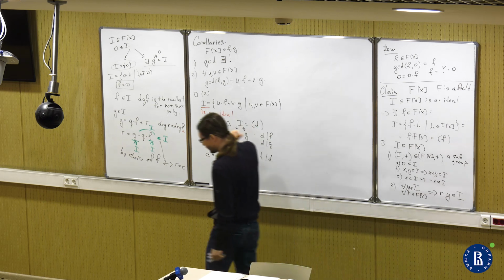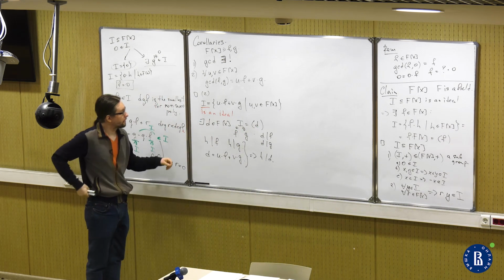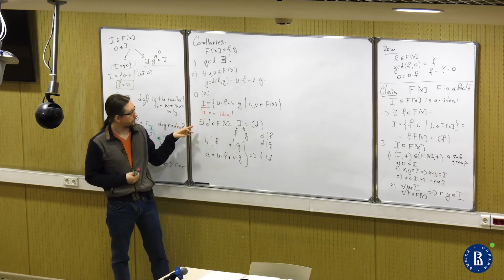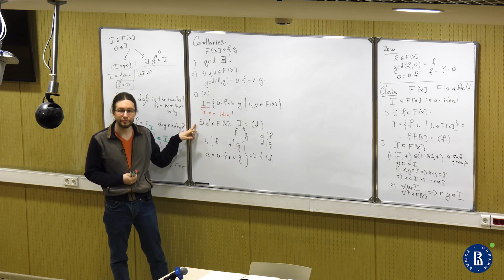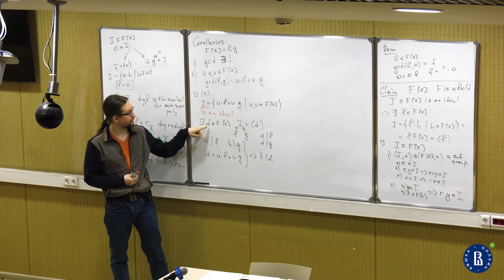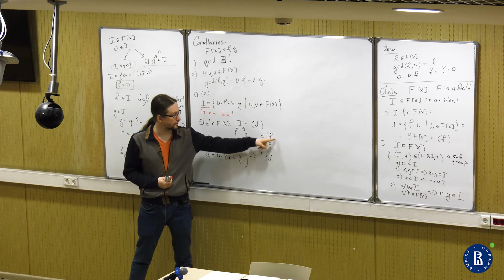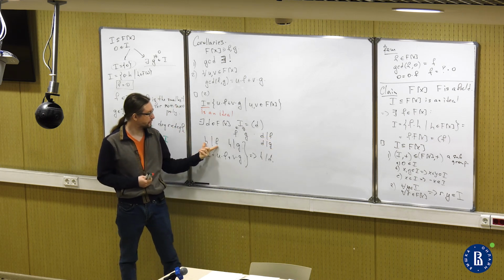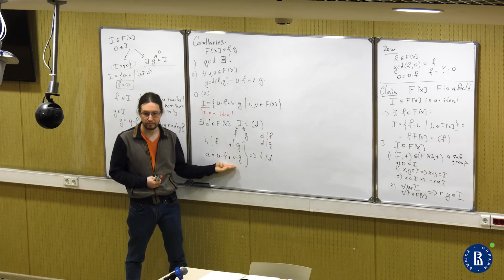By the way, let me clarify what we did here. What we actually did here, we produced a polynomial d such that this polynomial divides f and g, and it's divisible by any other divisor.